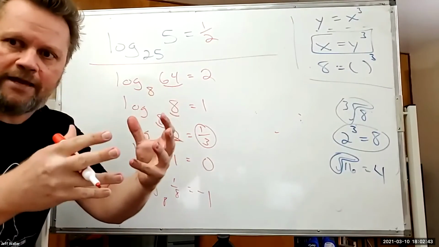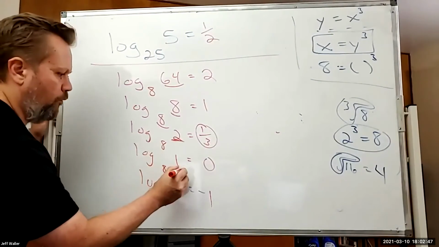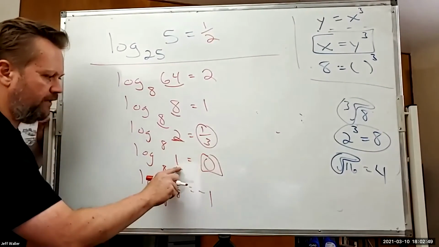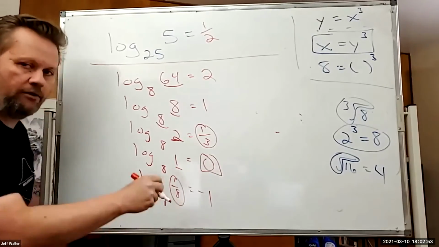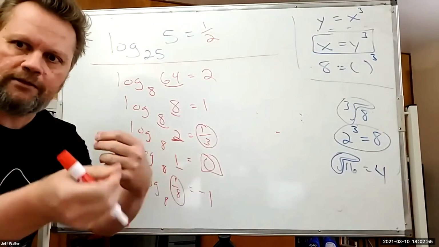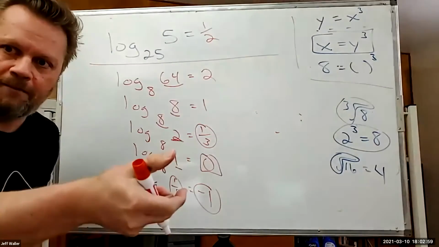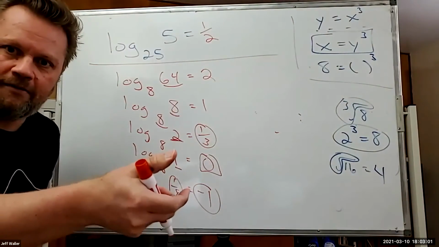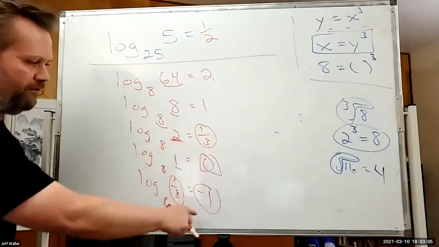It would be cutting it down in size. If the inside's a 1, that's 0. If the inside is some fraction between 0 and 1, your result's going to be a negative number because now it's got to flip it. Now it's got to make it a fractional thing. That's kind of cool, I like that.